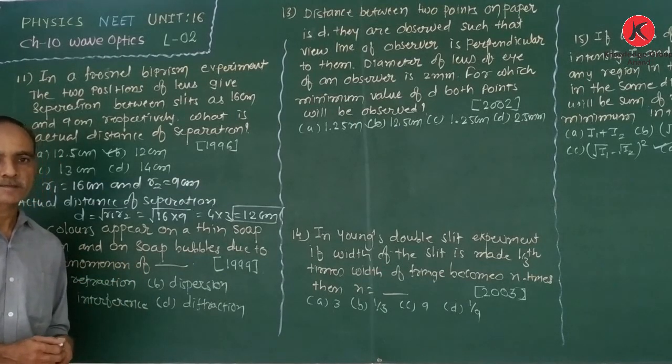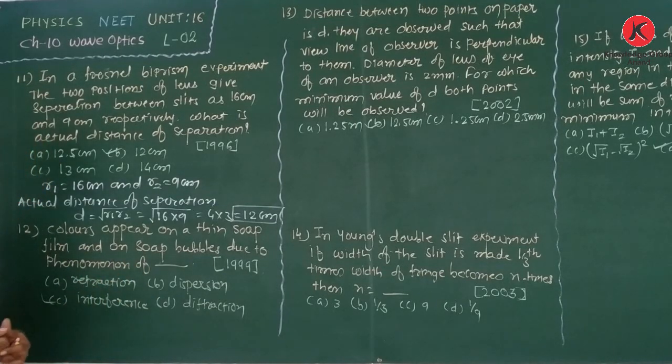Which phenomenon of light is responsible? Interference is responsible for the colorful appearance of the thin soap layer or soap bubble. So interference is the answer, not dispersion of light.